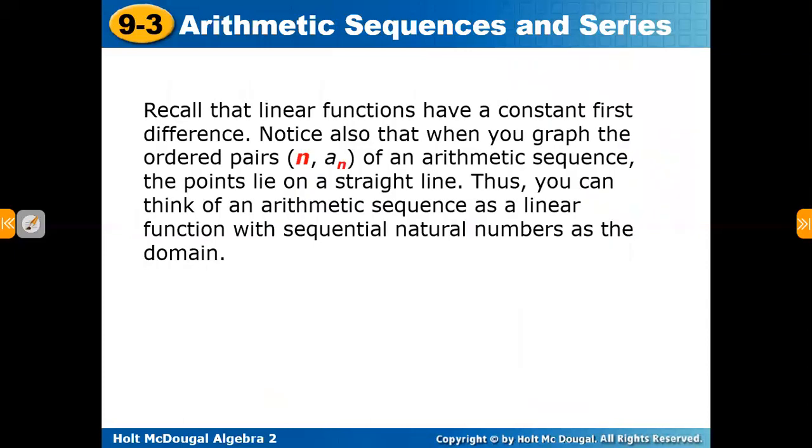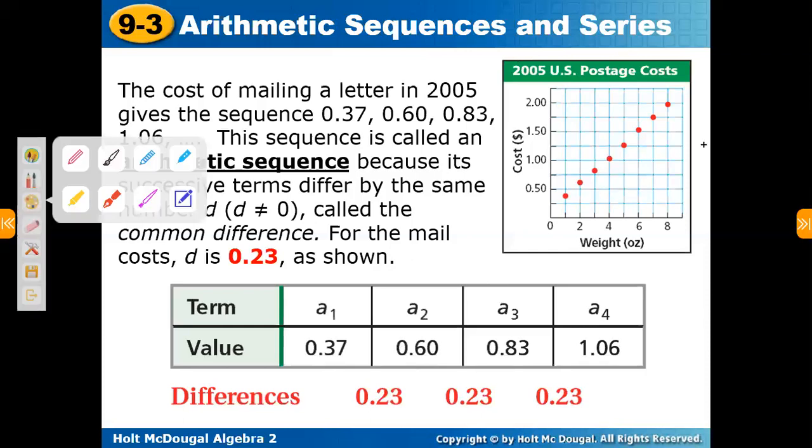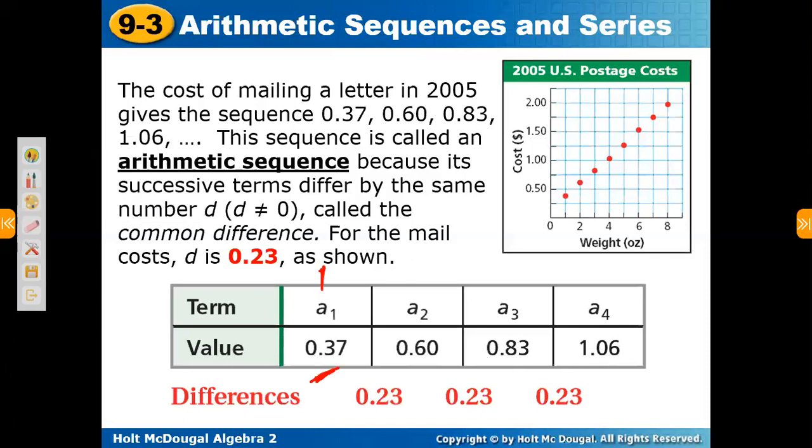Now recall that linear functions also have a constant first difference. Linear functions, as you studied before, have a constant first difference. And also, if you graph this table, the values with their position, that means 0.37 is the first term, so its position is number 1. 0.6 is the second term, so the position will be number 2. 0.83 is third, so position is number 3.